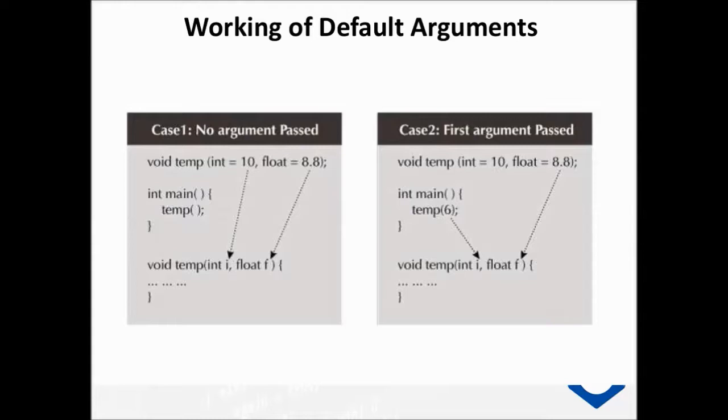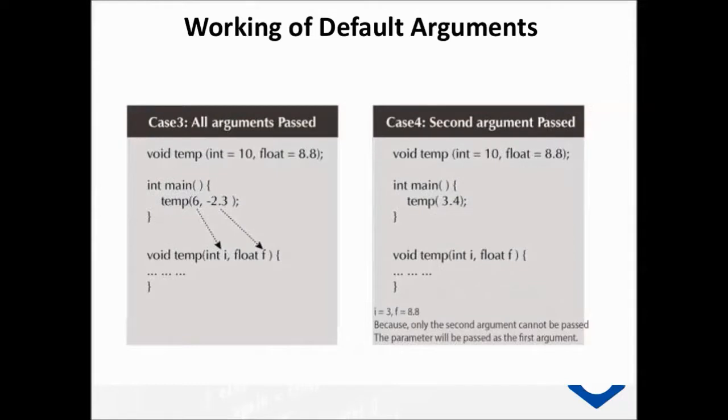When control goes to the function, this value 6 goes to int i, and as we did not pass any argument for float f, f automatically takes the value 8.8. So when temp 6 is called, the first argument becomes 6, while the default value is used for the second parameter.